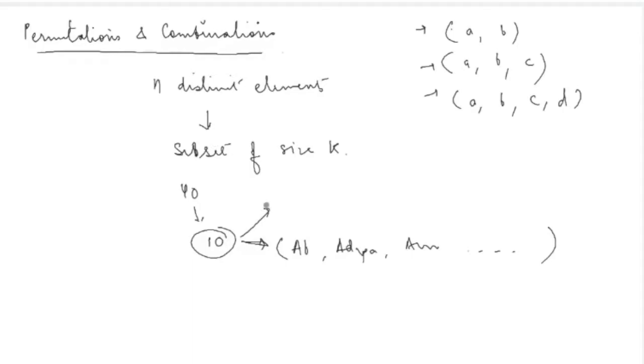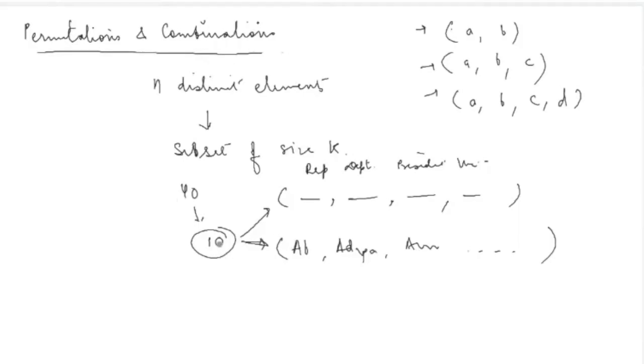But suppose I want to make a team of 10 students where I want to allocate some positions to these 10 students. So the first position, let's say, is of class representative. The second position, let's say, is of department representative. Let's say we want to select a president for the club or the vice president, so on and so forth. So you have like 10 different positions for which I want to select 10 students.